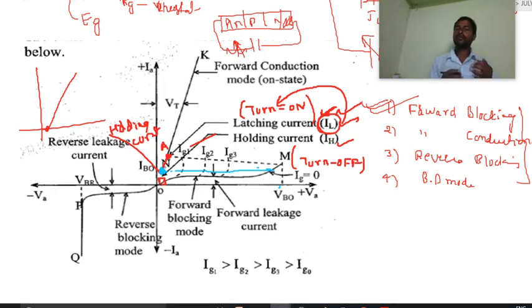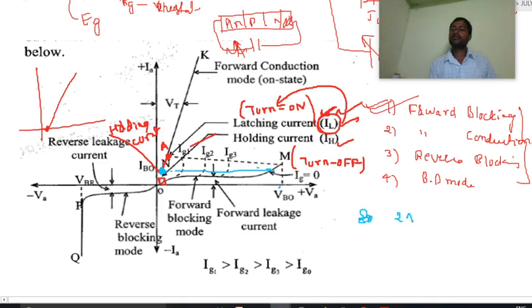For example, if the holding current is 2 amps, and the current flowing through the SCR is less than 2 amps, say 1.9 amps, then the SCR will not stay on.